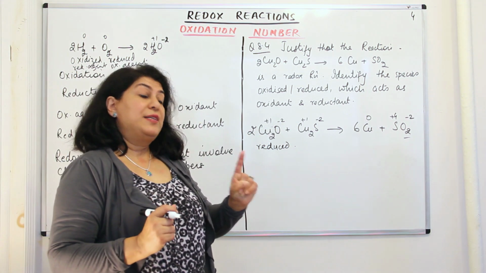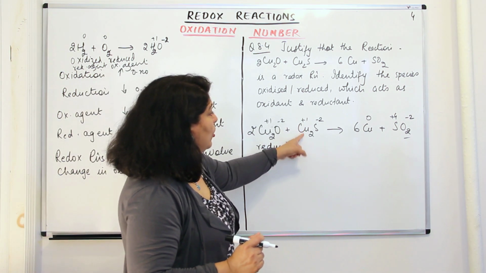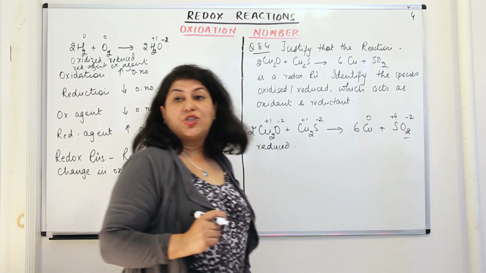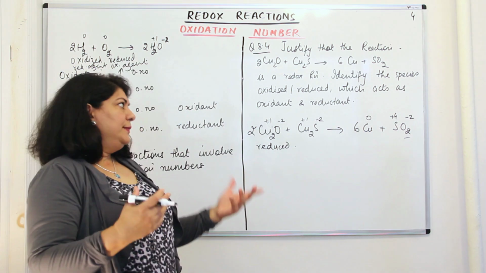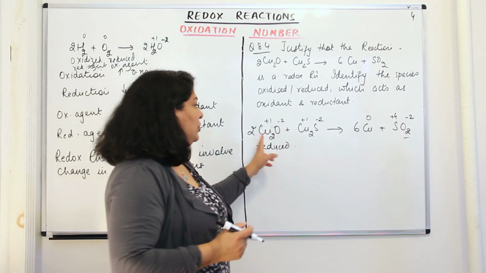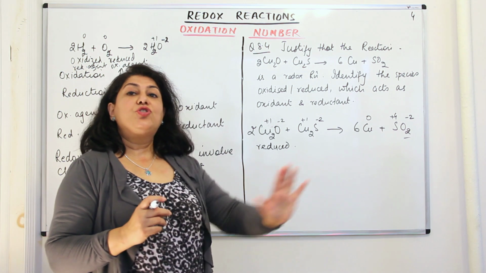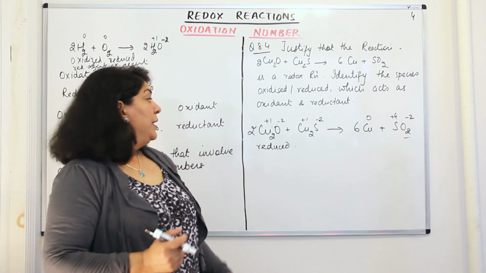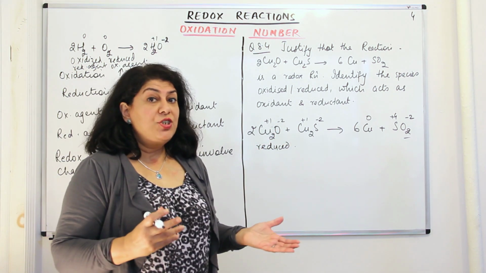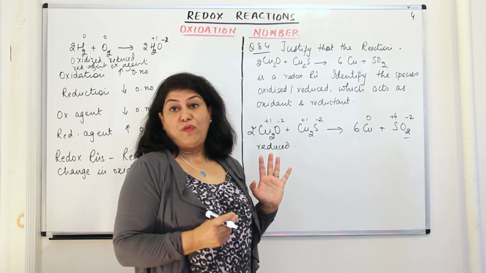It is the copper atom which is getting reduced. And the copper here also was +1 and it changed into copper 0. That is also getting reduced. So copper in both the compounds is getting reduced from the +1 oxidation state to 0 oxidation state. And the oxidation number of oxygen is not changing, so no change is occurring in the case of oxygen.